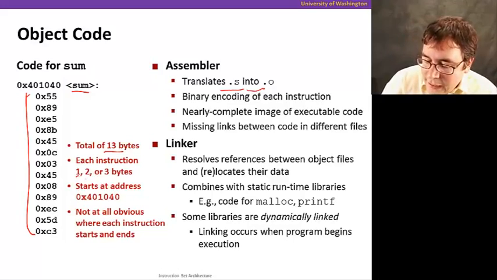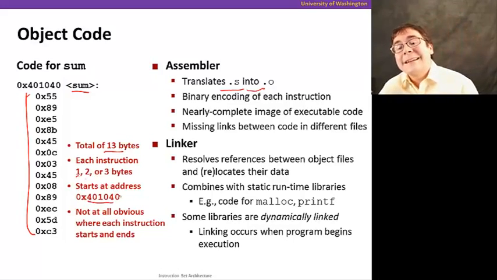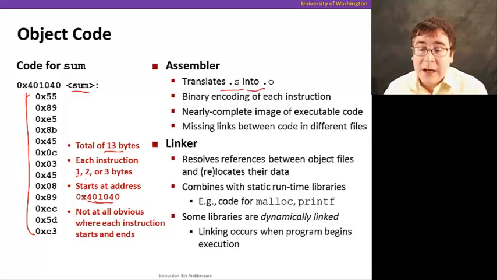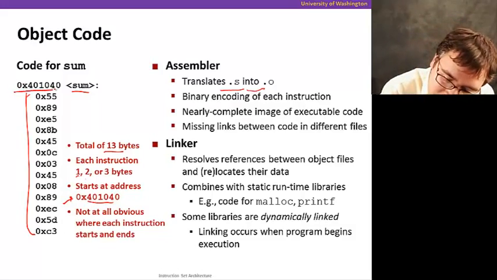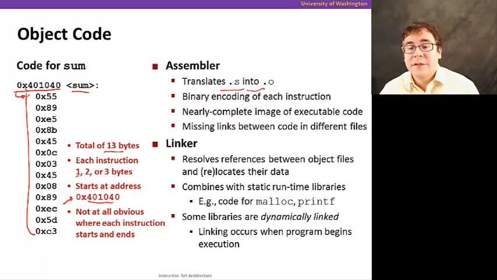This also shows that the code is located in memory starting at this address, which is the address of the first byte of this function. As you see, it's not obvious where instructions start and end because they have different sizes, and you have to decode them in order to understand what they do.